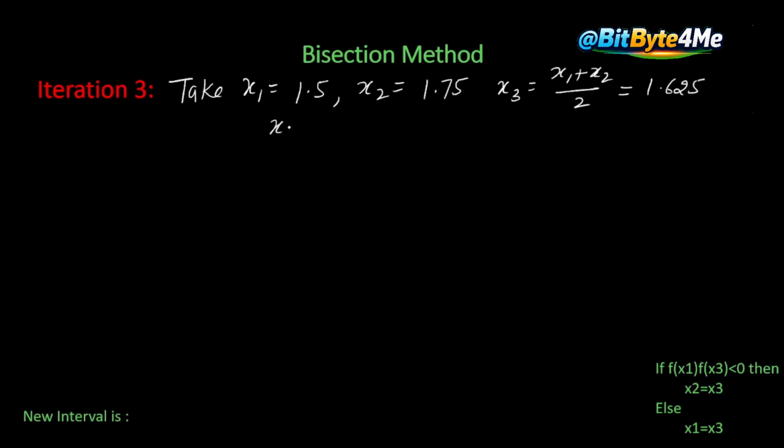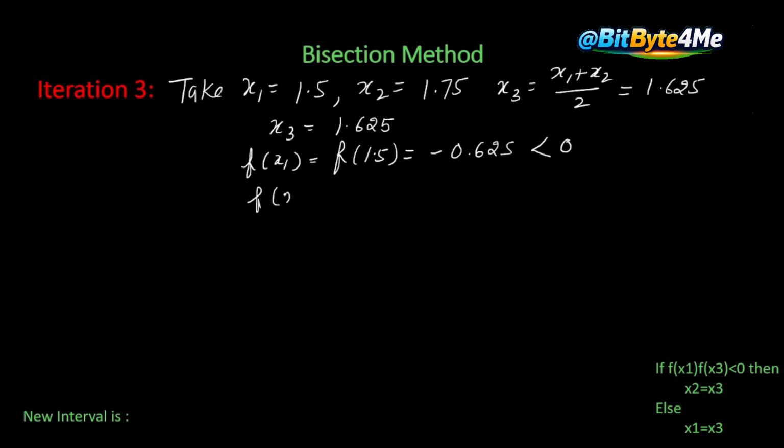So x3 is equal to 1.625. Find f(x1), which is f(1.5), which we have already calculated, which is minus 0.625, which is less than 0, meaning negative. And f(x3), that is f(1.625), is 1.625 cube minus 4.